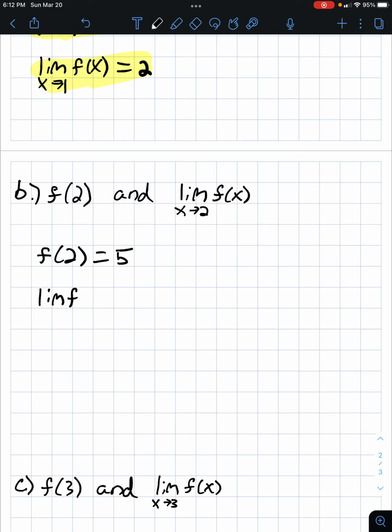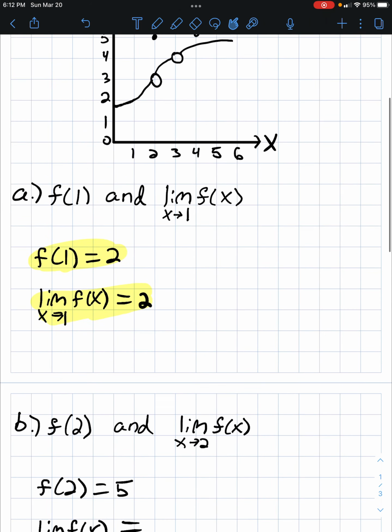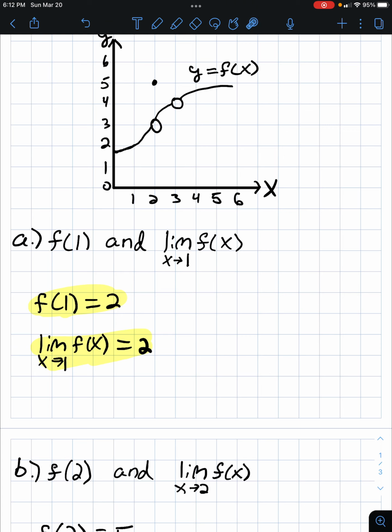Now, what is the limit of f of x as x approaches 2? What is this equal to? Well, same thing. As x approaches 2 from the left-hand side, it approaches the open circle. But what is this value? 3.